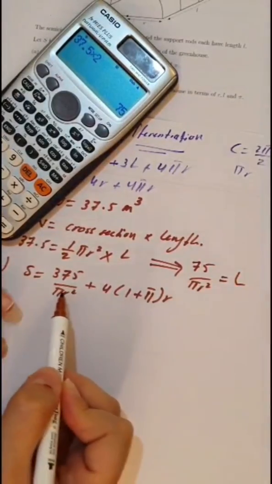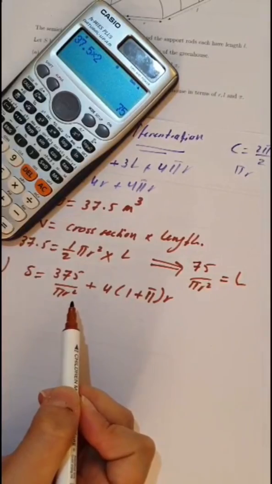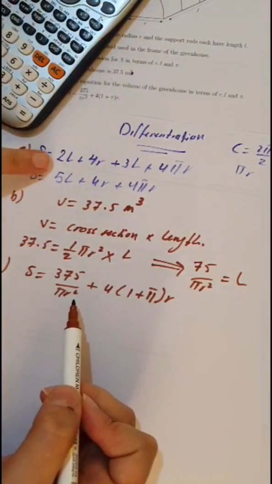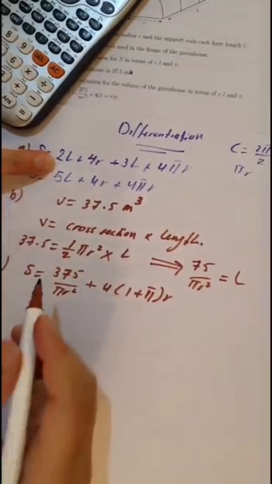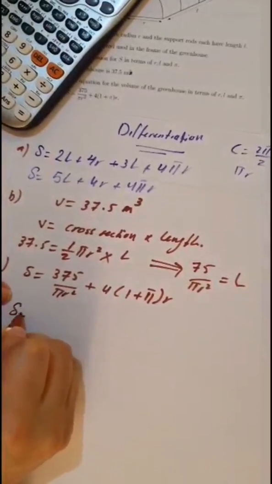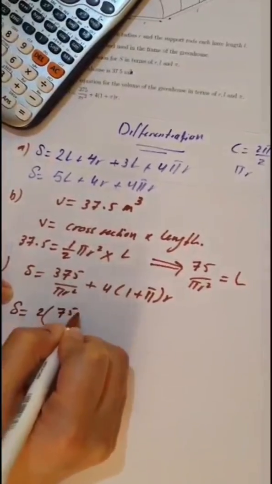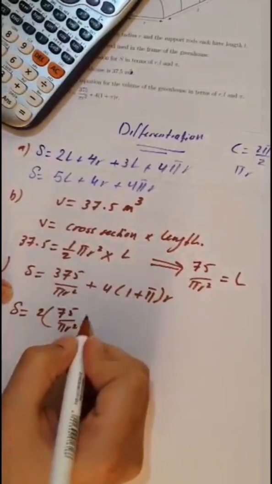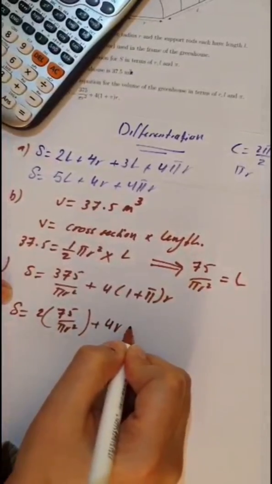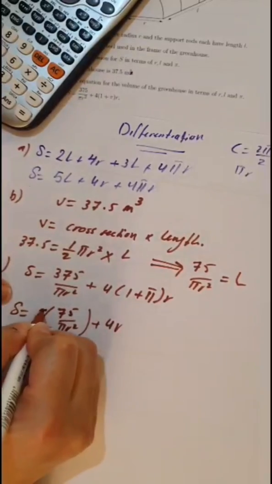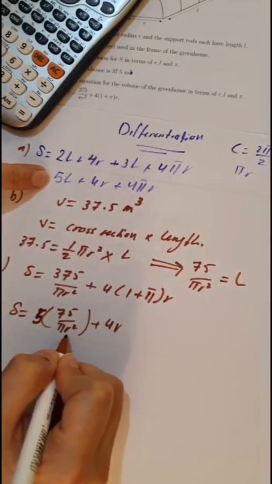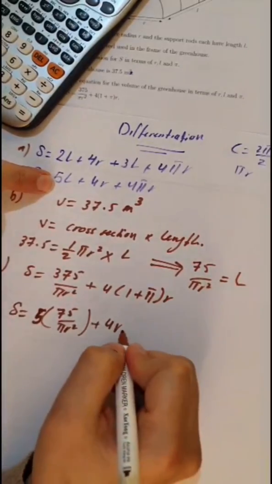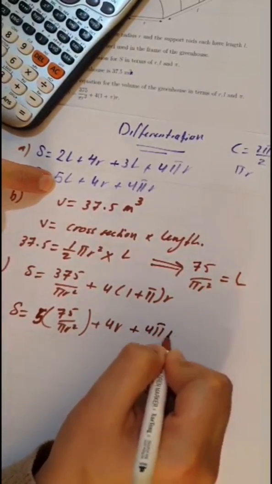So instead of the L in this expression, in this equation, here I'm going to write S equals 2 multiplied by 75 over pi r squared plus 4r. It's 5. In this case, I'm going to go for this part: 5 multiplied by the 75 over pi r squared, plus 4r plus 4 pi r.